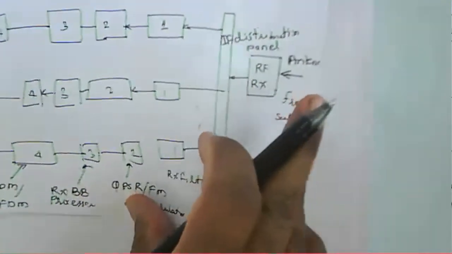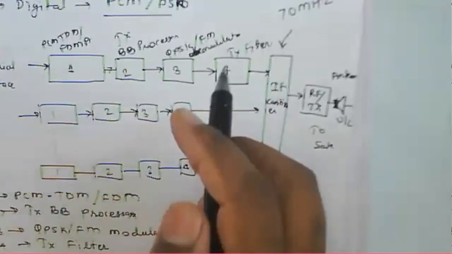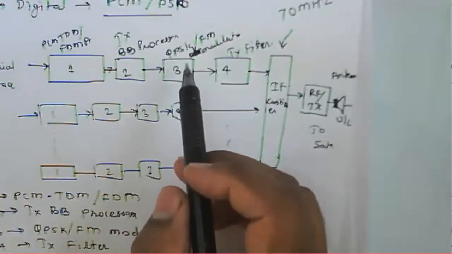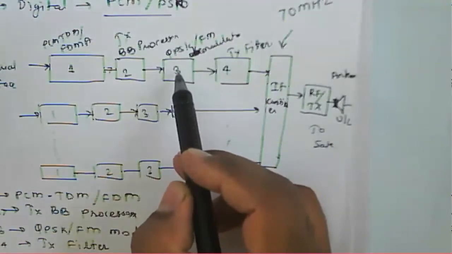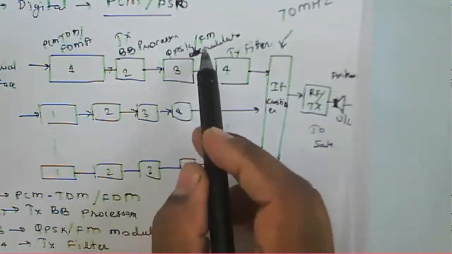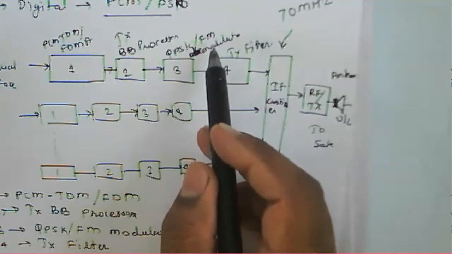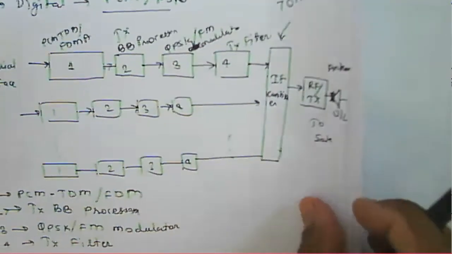So if you consider the transmitter at your station, it has an FM modulator or a QPSK modulator.